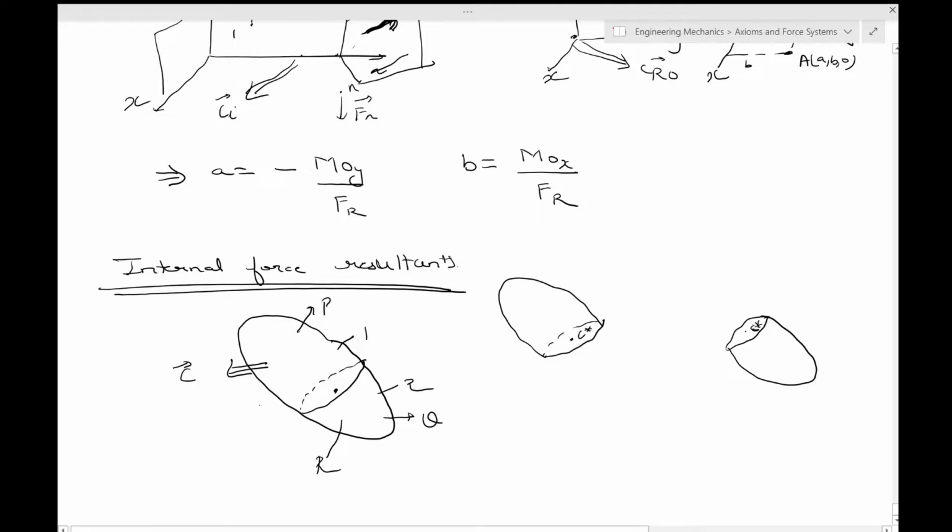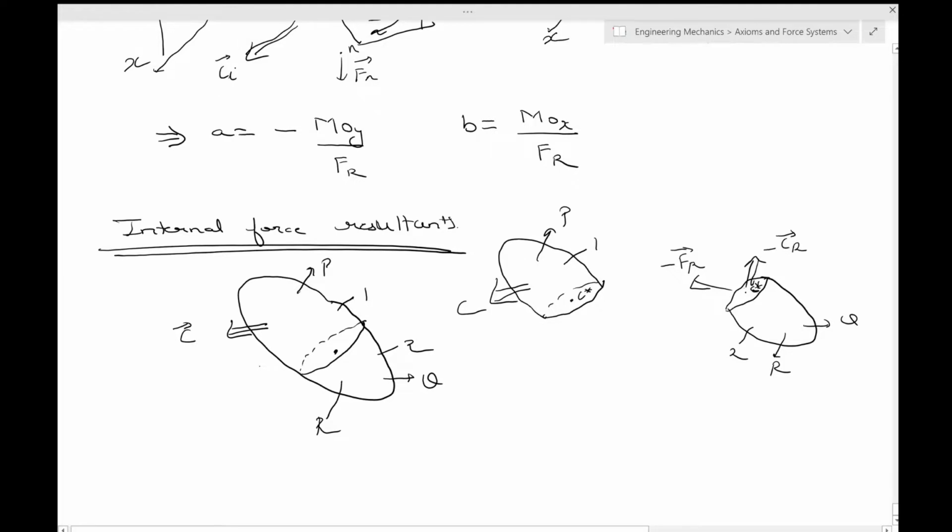Minus CR, FR, and this is point 2, so body 2, part of the same body. Again, I must emphasize that we have not actually cut it into two halves. We have hypothetically cut it because we were interested in finding the internal force resultants. So the internal point is shown on this plane.